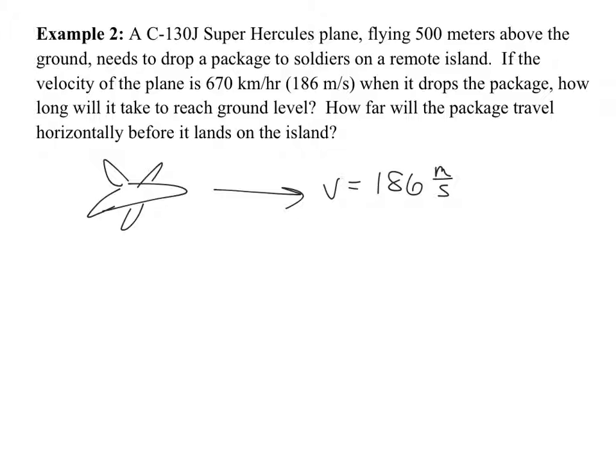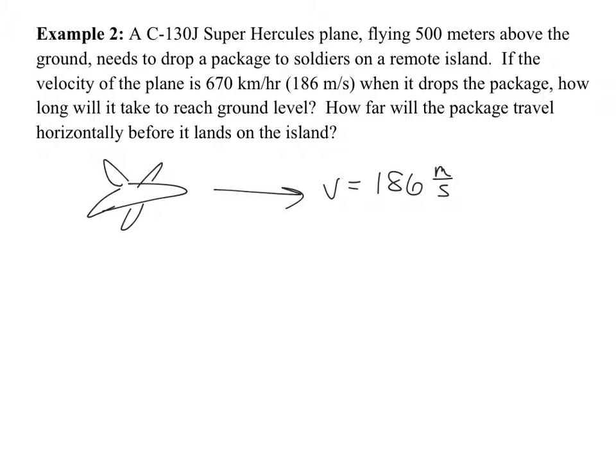So the velocity the plane is traveling with, right? Now, the person in there just goes, you know what? I'm going to drop the package. So here, watch me. I'm the plane. I drop it. Isn't that the same thing as rolling off the table? Because which way am I moving right now? Horizontal. And then I drop it.